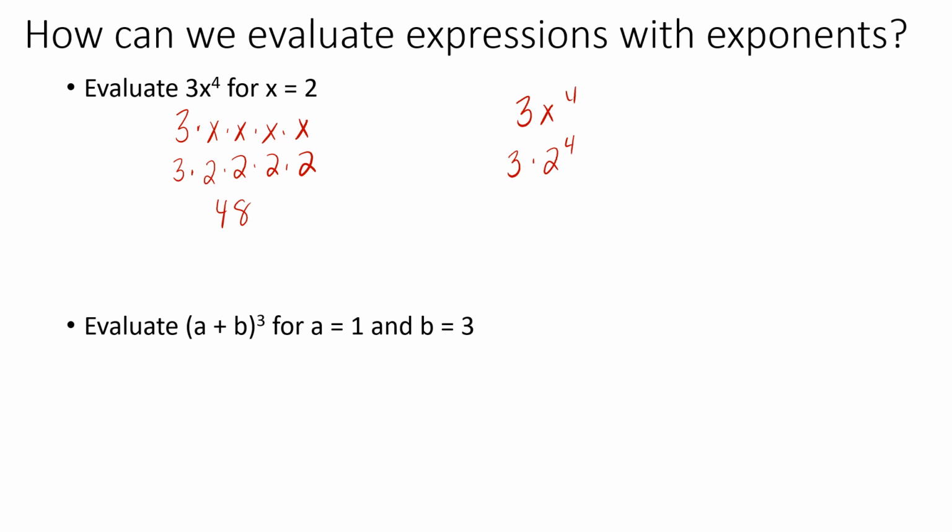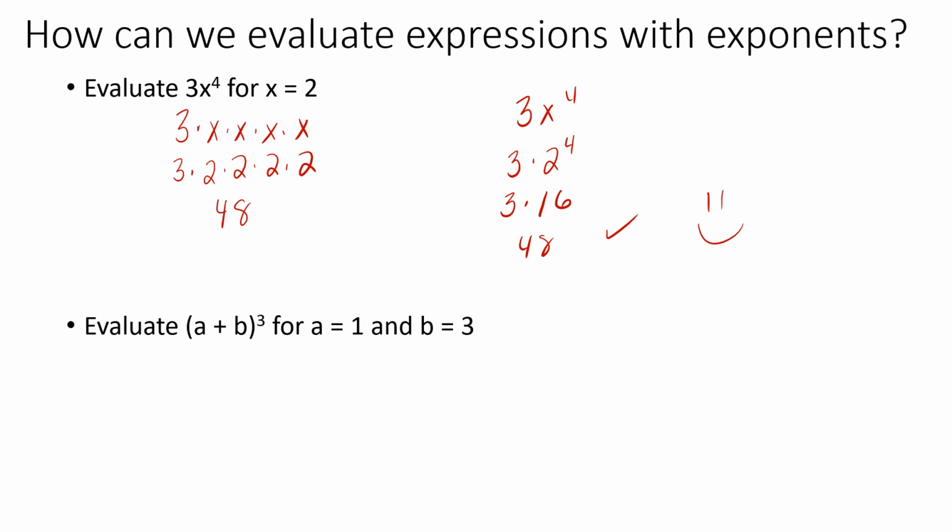So we really want to remember that that exponent only goes with what's to the left. Now, if you think you can do it that way and you are good to go, that is perfectly okay. Okay, you can get your smiley face for doing it that way. Not going to be an issue. Just make sure you don't fall into the trap of multiplying the 3 and the 2 first.